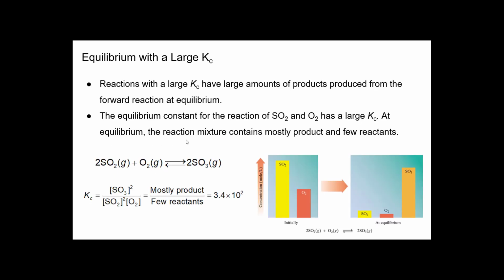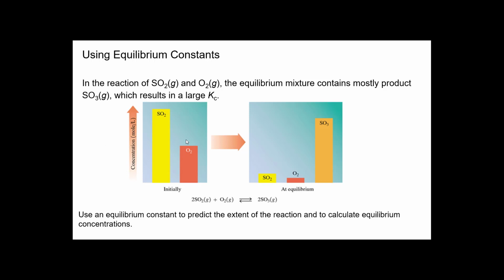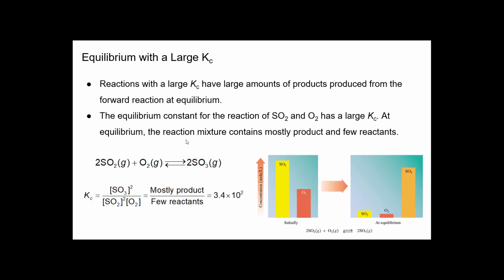So let's take a look at this one. This picture is from this page, and I'm going to break down what exactly is going on here. When we look at an equilibrium with a large equilibrium value, that means that when the reaction hit equilibrium, large amounts of products had been produced from the forward reaction.